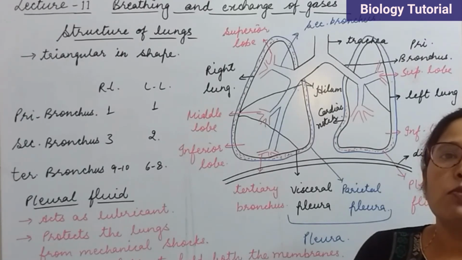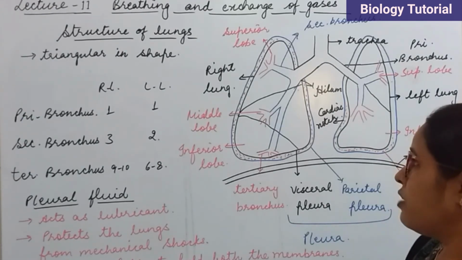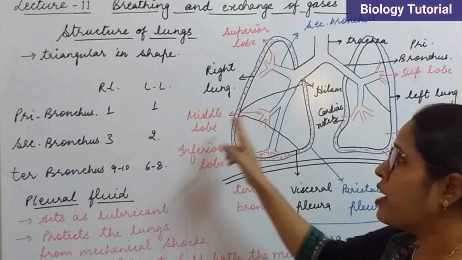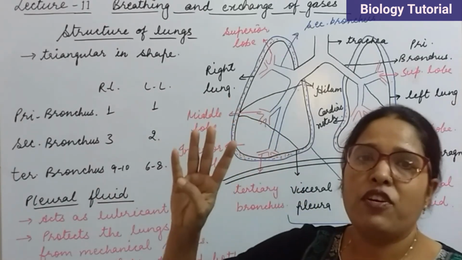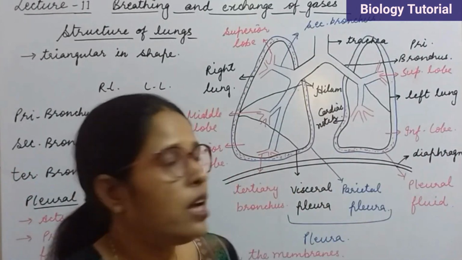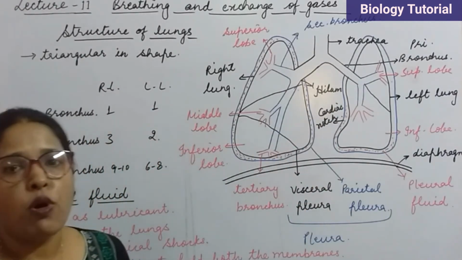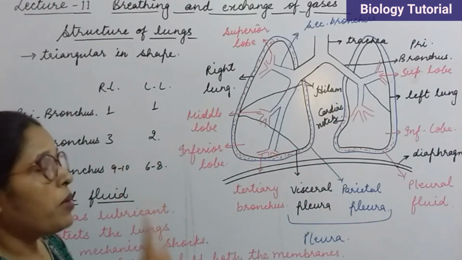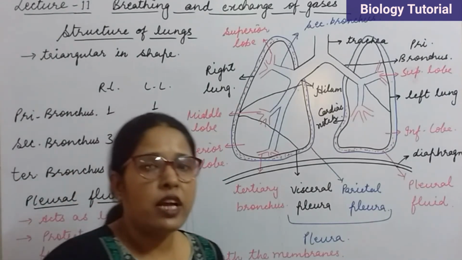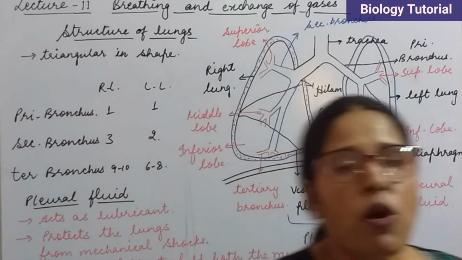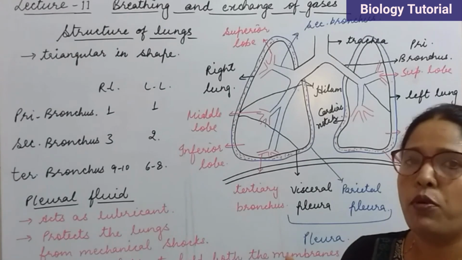The lung is basically divided into, right lung is divided into 3 lobes, left one in 2 lobes. Clear? Each lung is having one primary bronchus. The primary bronchus is divided into secondary bronchus, and the secondary bronchus is divided into tertiary bronchus.